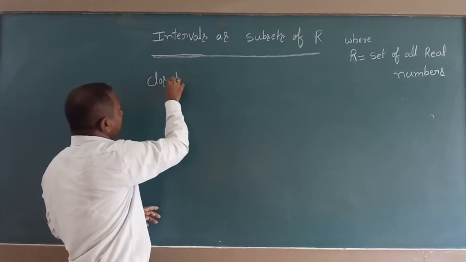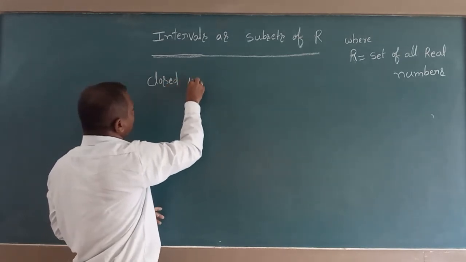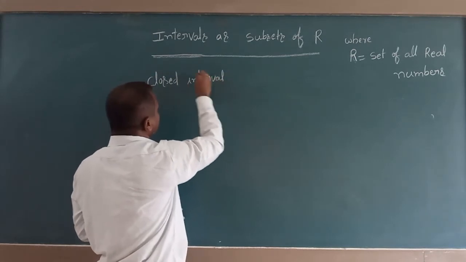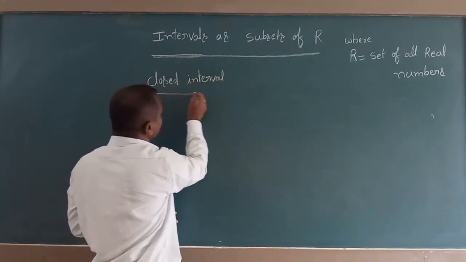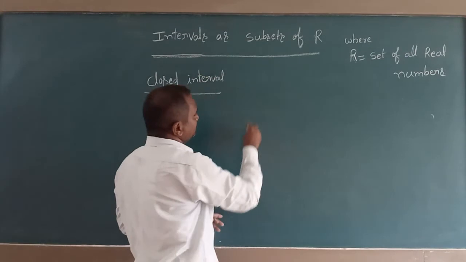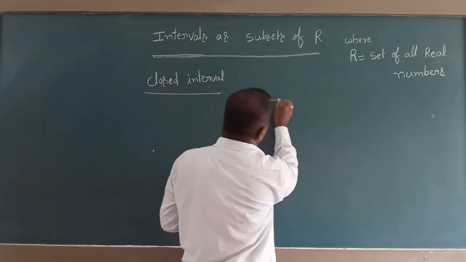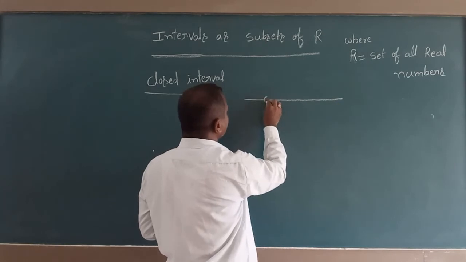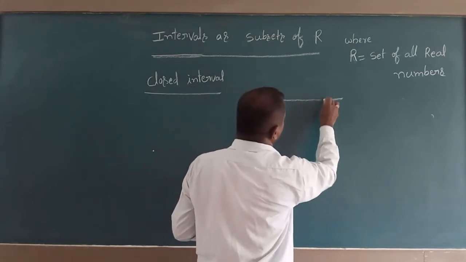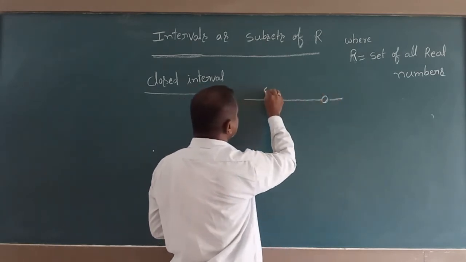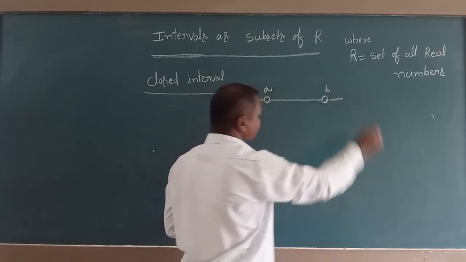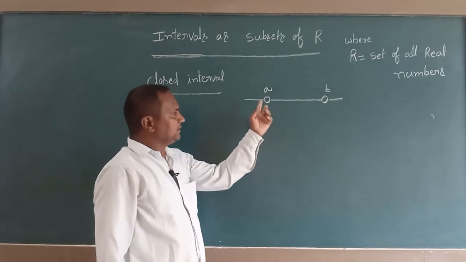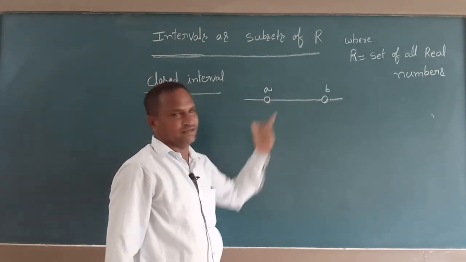Closed interval. Take one line, with real numbers lying on it. On that real number line, I have taken two real numbers A and B. The interval should contain A and B and the numbers between them.